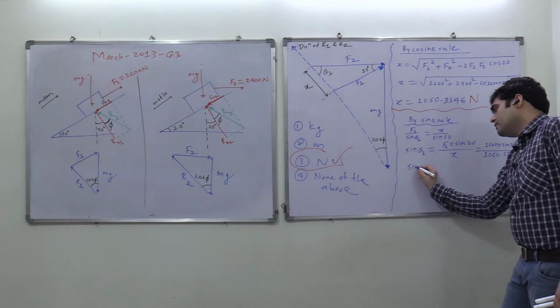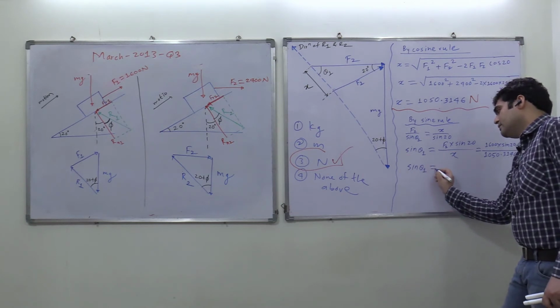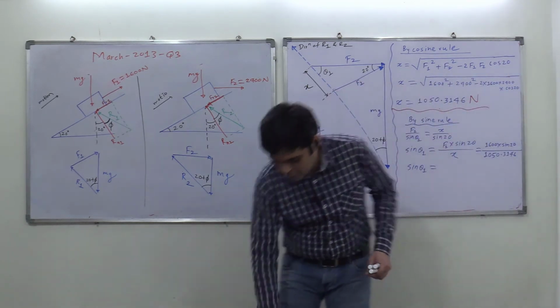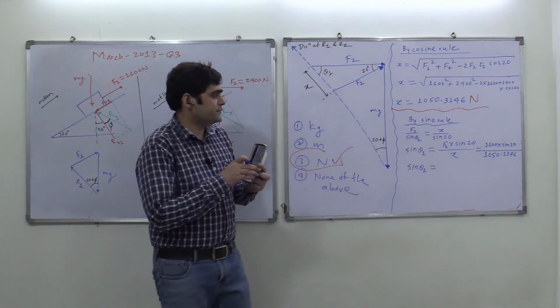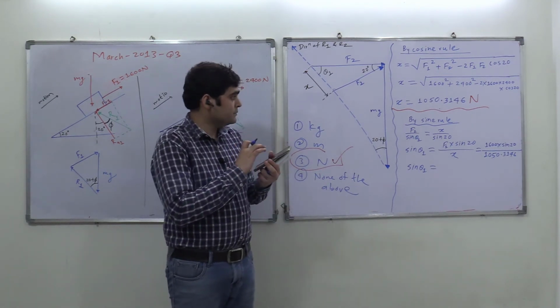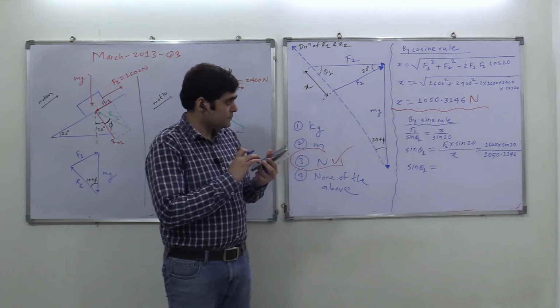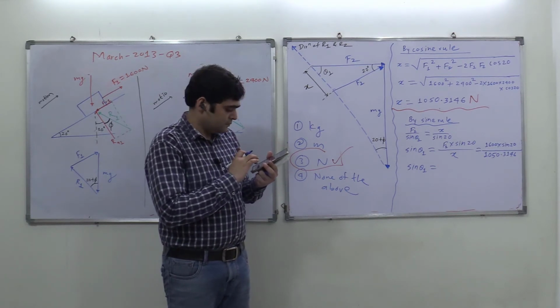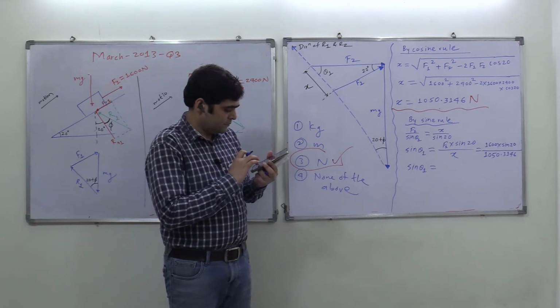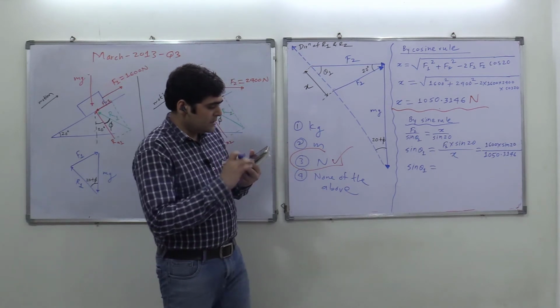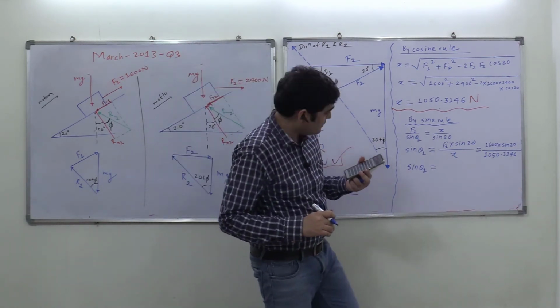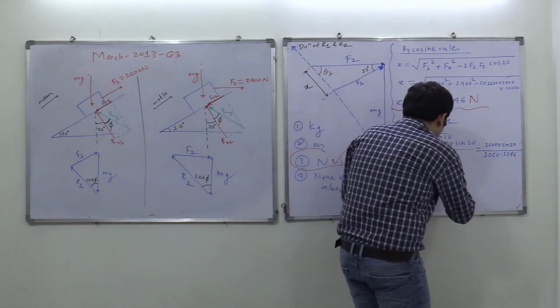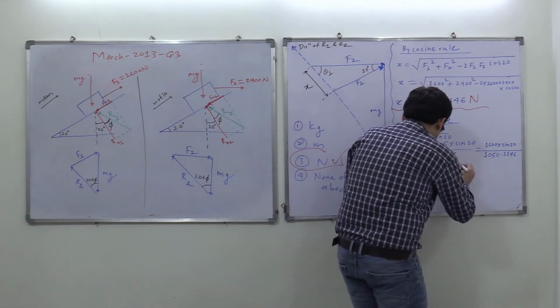So sine of theta 1 will be equal to 0.521.